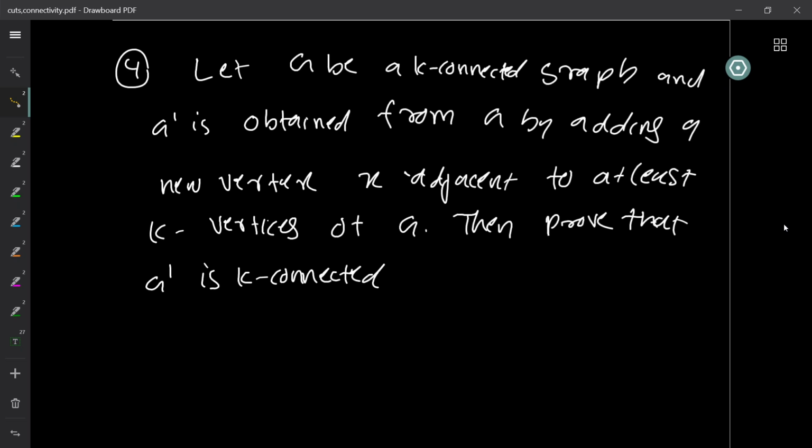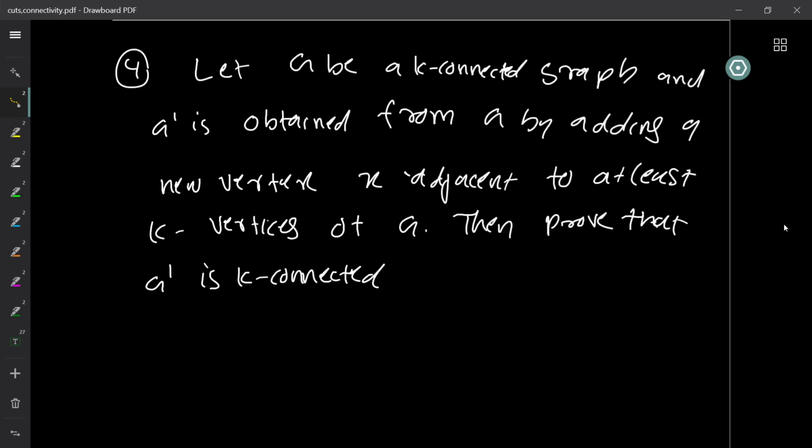The fourth question is that given a k-connected graph G, suppose you take the graph and add a new vertex and make it adjacent to any k vertices of this graph.